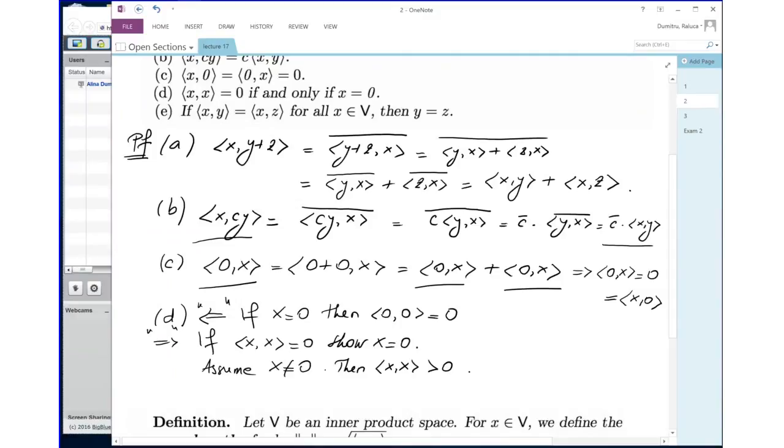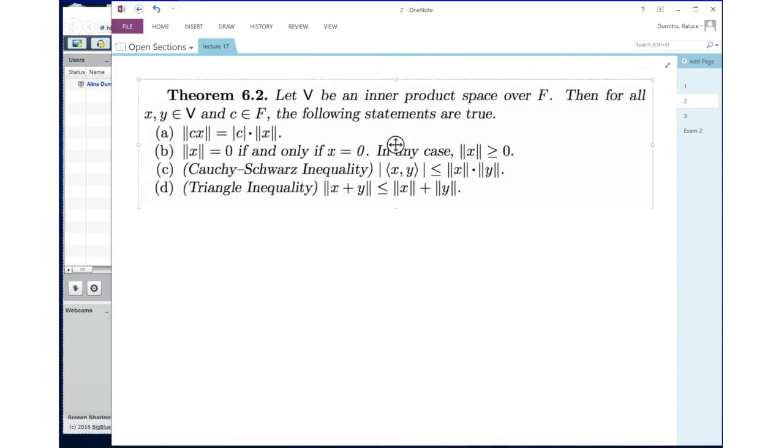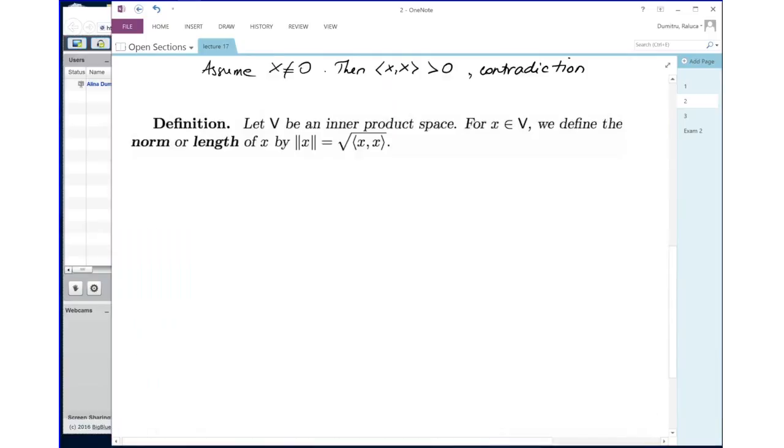And we're done, right? We reached the contradiction. So there is no way, right? X has to be equal to 0.